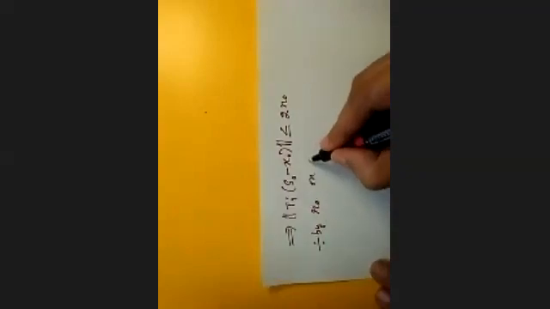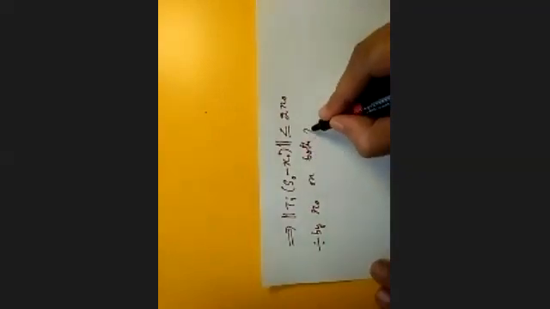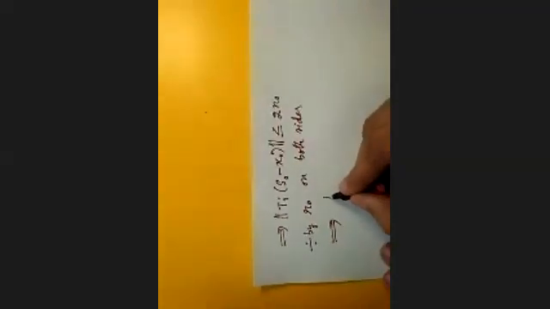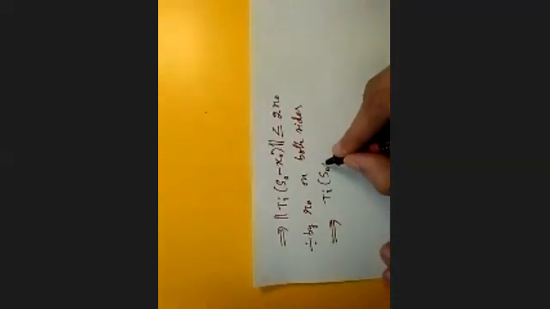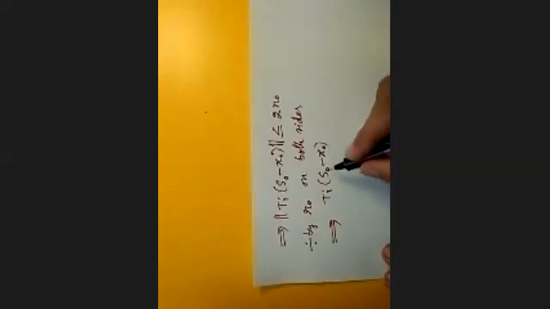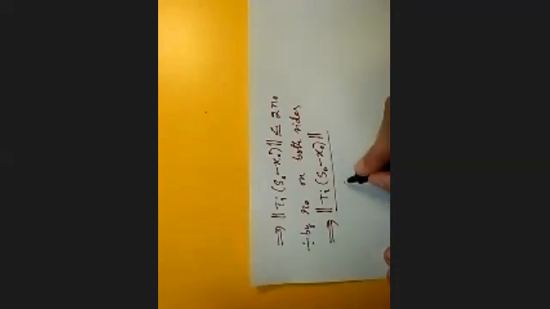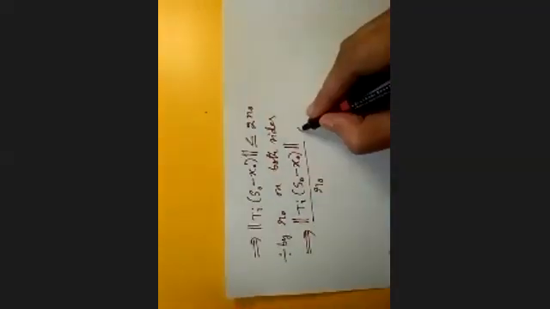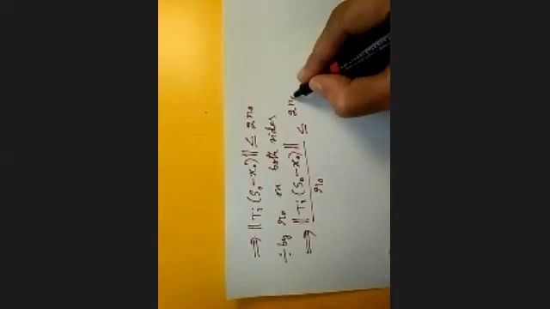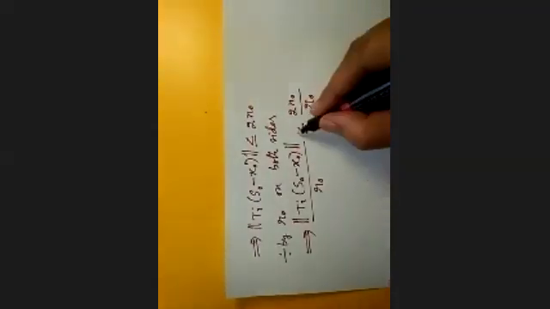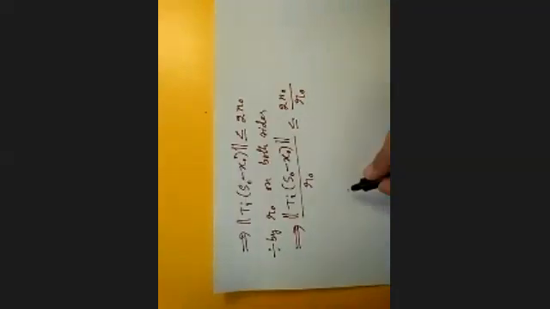Now dividing by R naught on both sides, we get Ti of X naught minus X naught, norm of this divided by R naught lesser than or equal to 2N naught by R naught. Since R naught is positive, the inequality remains the same.